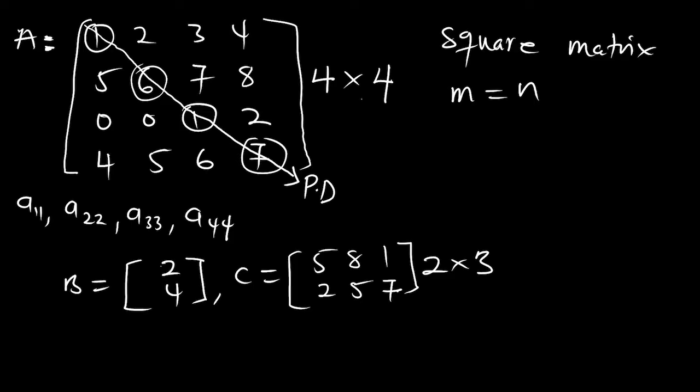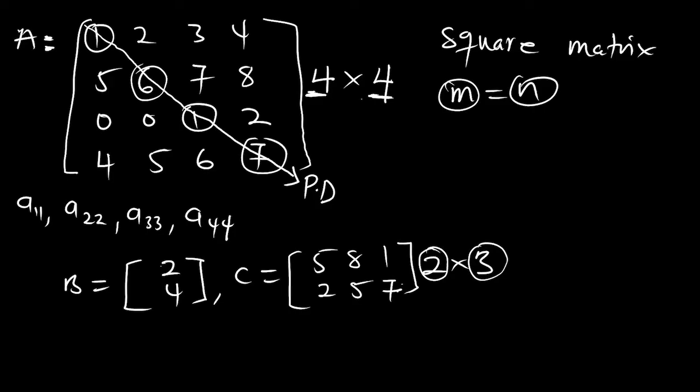The number of rows is equal to the number of columns. Are we good? With this type of matrix, we can find the determinant. In this example, the number of rows is not equal to the number of columns. Therefore, it is very difficult for us to find the principal diagonal.